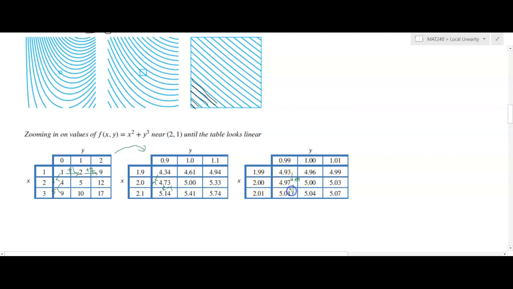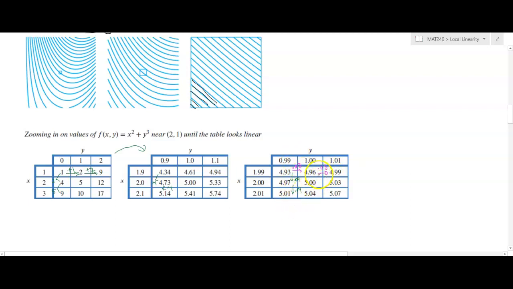And actually, that's exactly the same value here: 4.97 to 5.01 represents a change in z of 0.04 units. When we go the other direction, as y increases by 0.01 units, we see that z increases by 0.03 units. And when y goes from 1 to 1.01, we again see that z changes by 0.03 units.